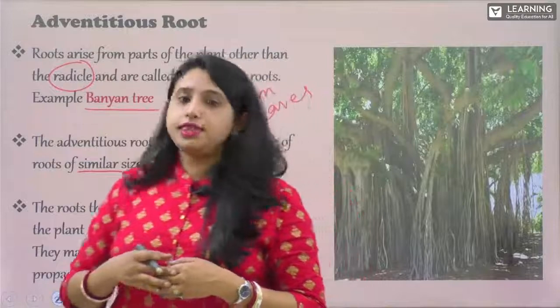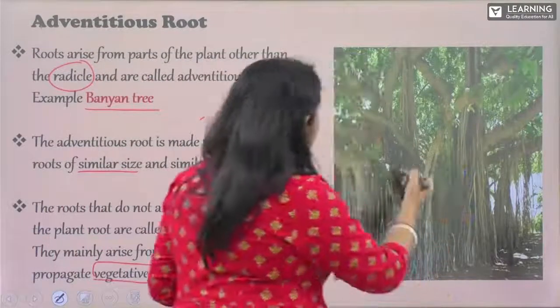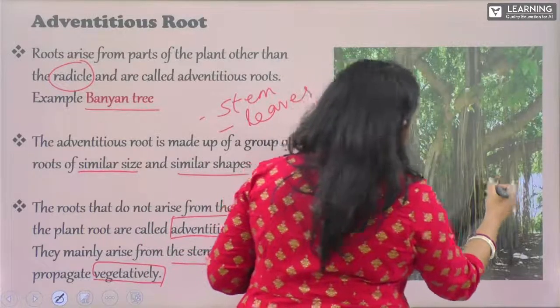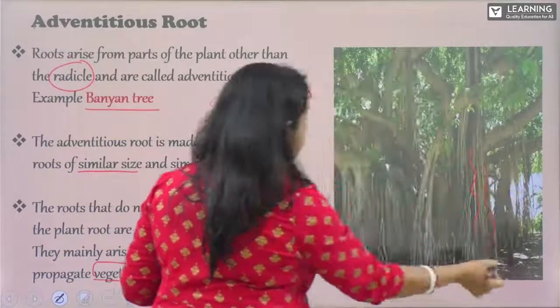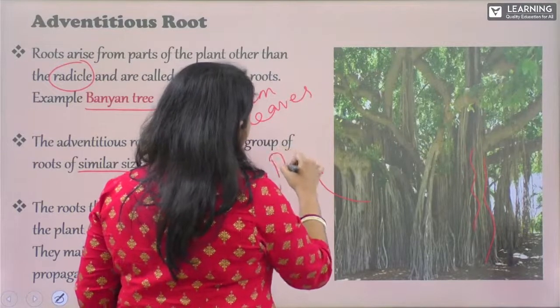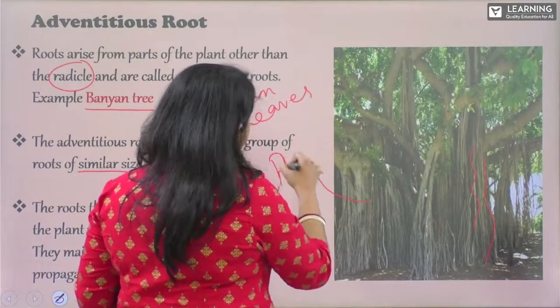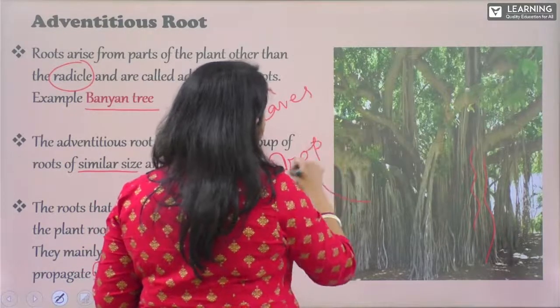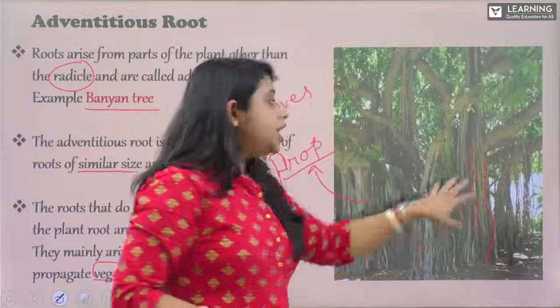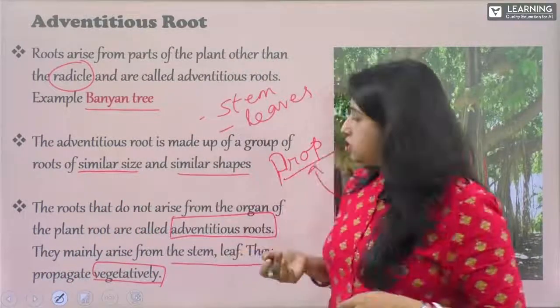As you can see in this picture of the banyan tree, these are the hanging roots, right? These roots are your adventitious roots, and they are also called prop roots. They provide support to the plant.